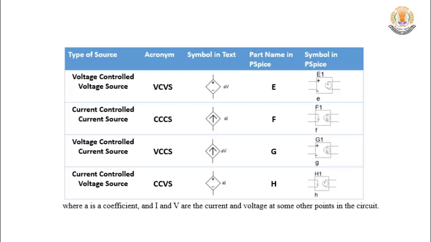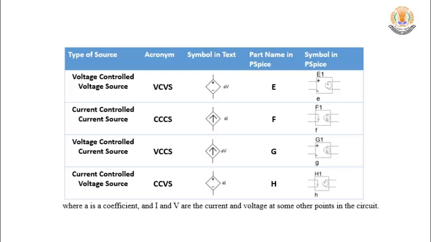Voltage. The bottom one is controlled by what? Current. So how can I call the top one? Voltage controlled voltage source, or VCVS. How can I call the bottom one? Current controlled voltage source.